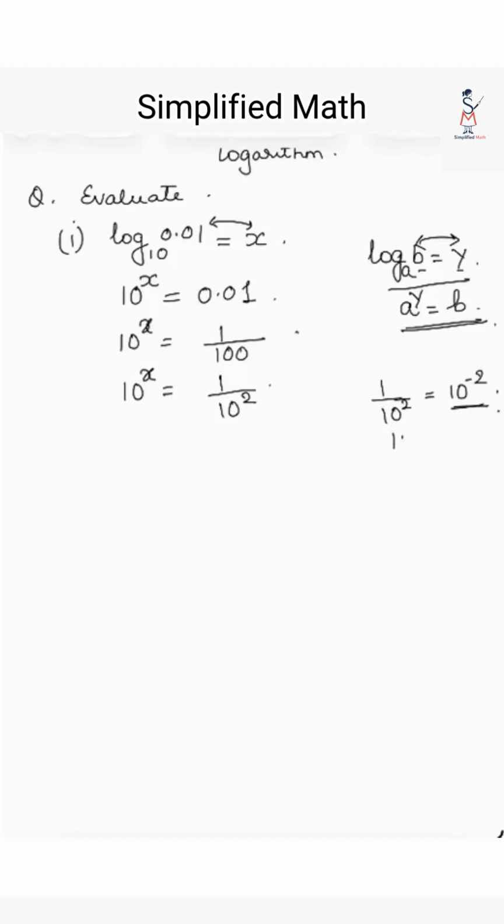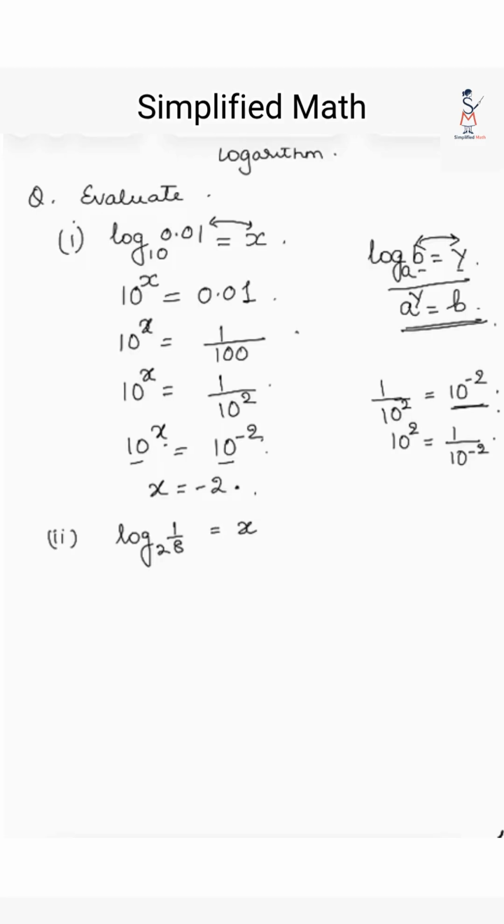Or if anything is in the numerator and has to go to the denominator, the power gets negative, vice versa. So 10 raised to the power x is equal to 10 raised to the power minus 2. As the bases are same, the powers become same, so x is equal to minus 2.